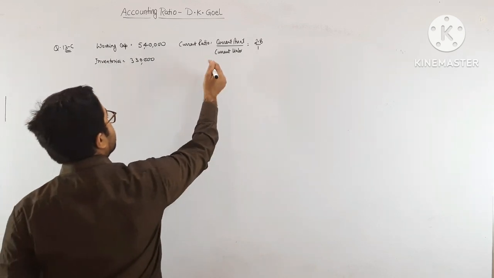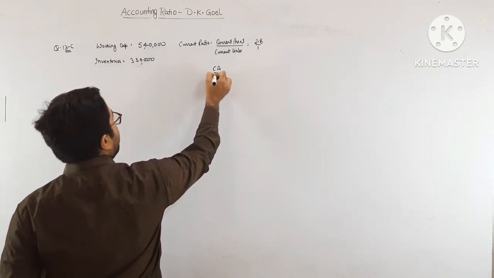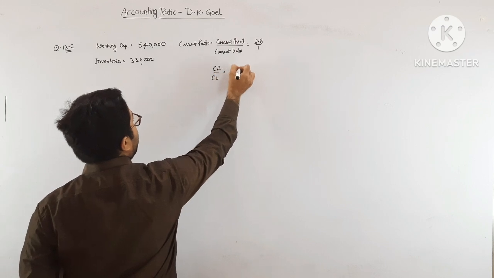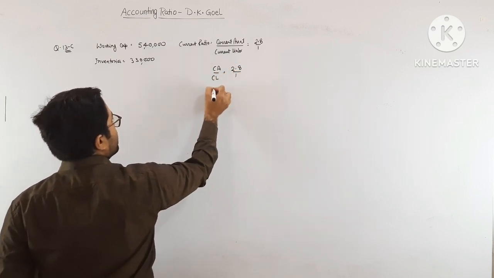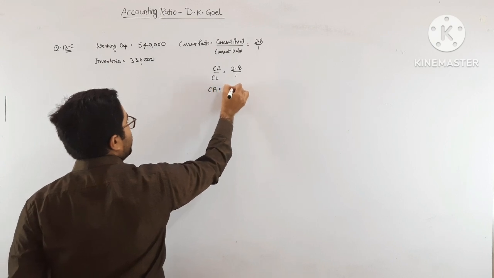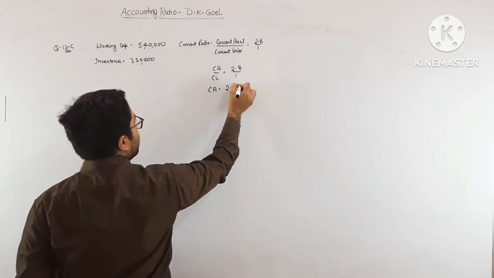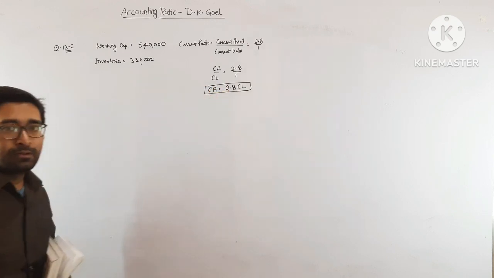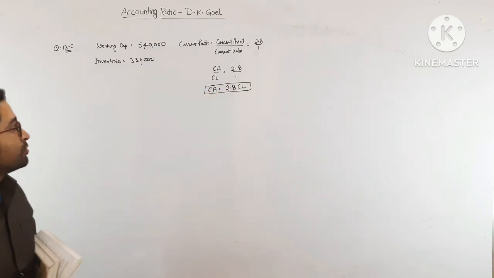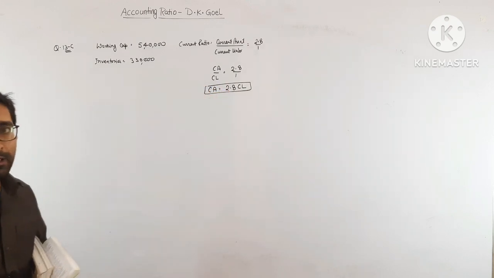Now see here, current asset upon current liability equals 2.8 upon 1. So current asset equals 2.8 into current liability, CL.